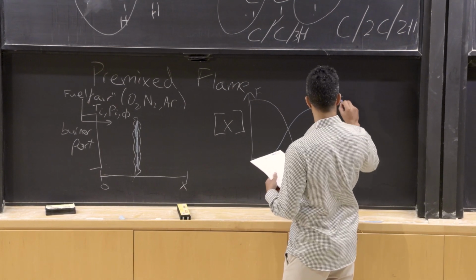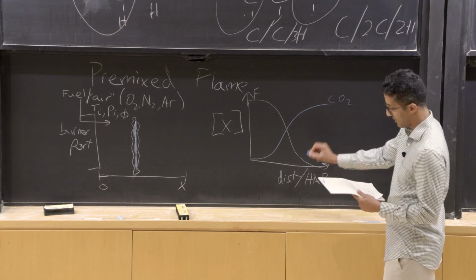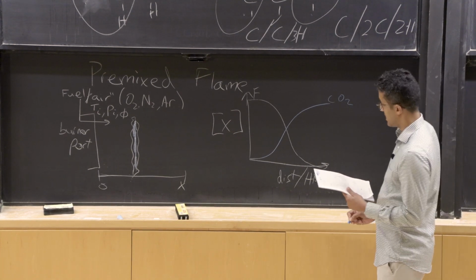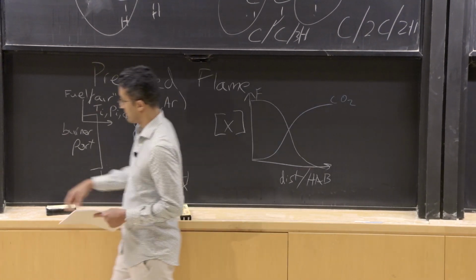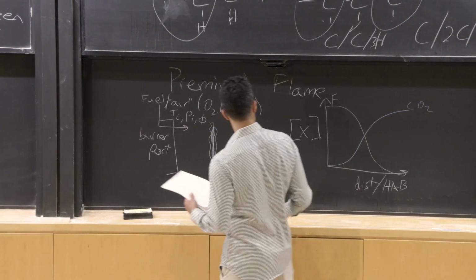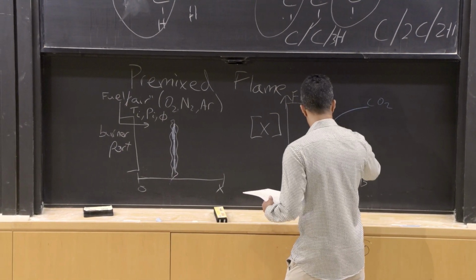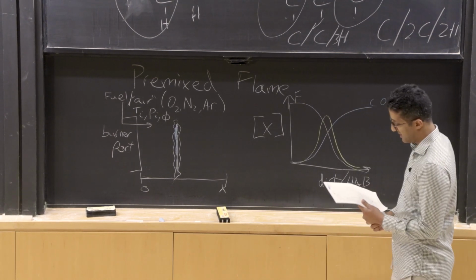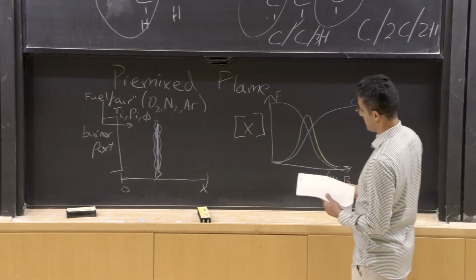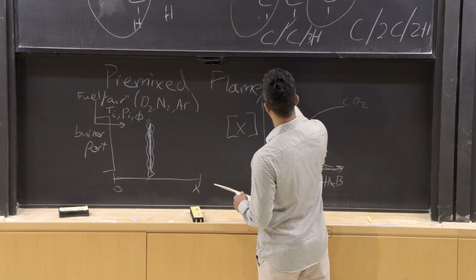This is probably CO2, okay? A product species that's formed after the flame. Let's have a different color here. Then you have some curves that look like this. This is some intermediate species. Let's say the fuel was C2H6, okay?